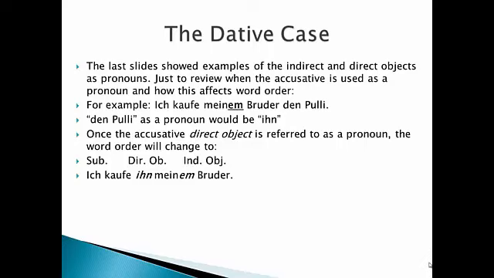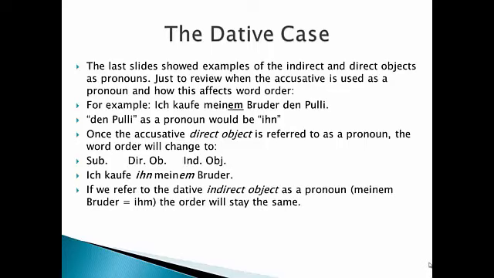If we refer to the dative indirect object as a pronoun, meinem Bruder or ihm, the word order will stay the same. Okay? Ich kaufe ihn ihm. So this may seem like a lot to absorb, but once you categorize everything and can distinguish the cases, articles, possessive adjectives, and pronouns, you'll be just fine.